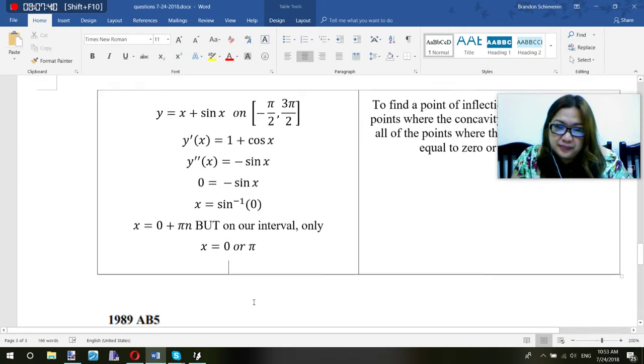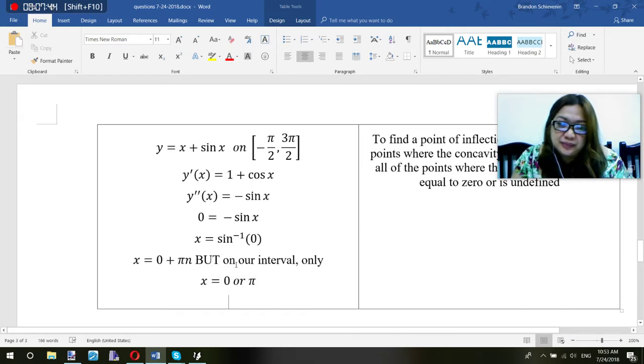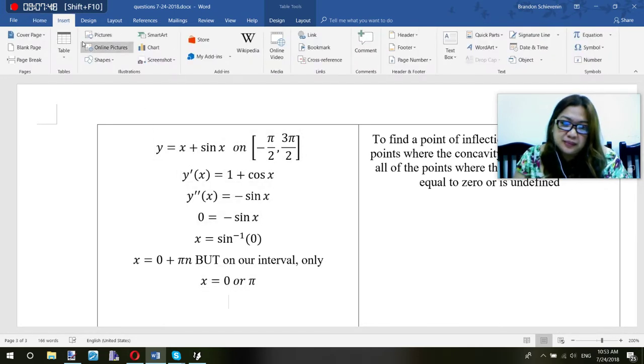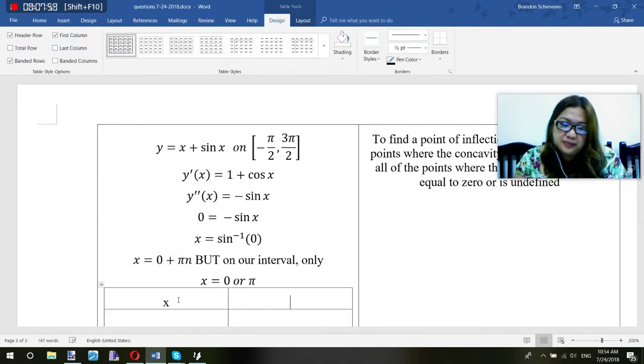In order to see whether those are points of inflection, I need to see whether or not the concavity changes. So I'm going to plug values into our second derivative to see if the concavity changes sign about those values. So this is our x value, and this is our y double prime at that x value.